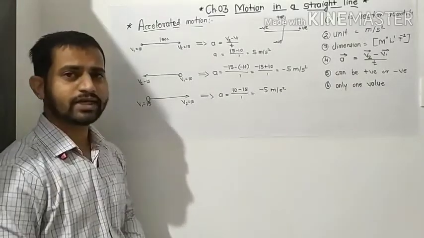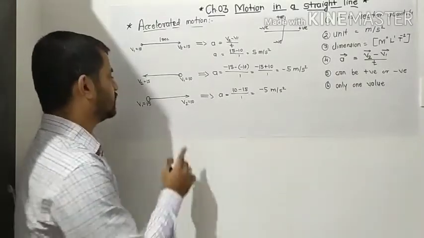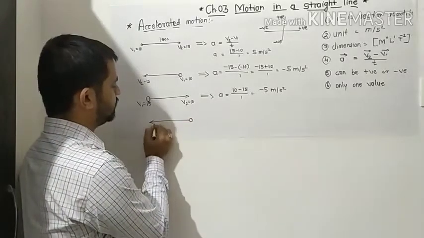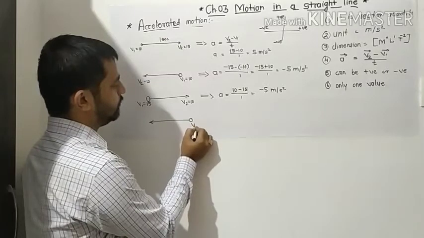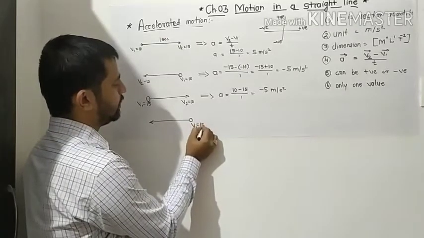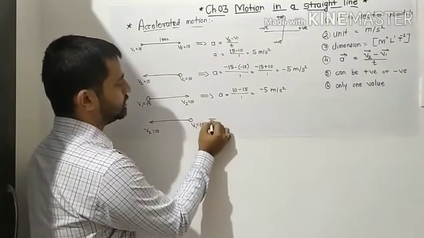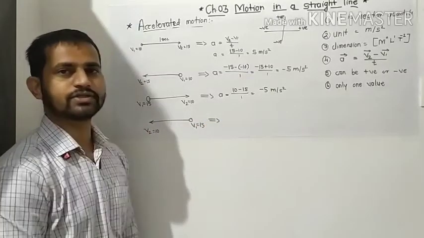Now the fourth case, if we have to consider, the body is traveling from this position to this condition, where v1 is equal to 15 and v2 is equal to 10. How do we consider the sign conventions?